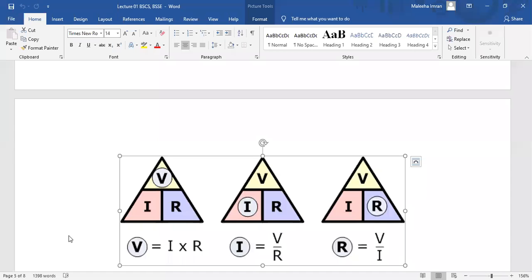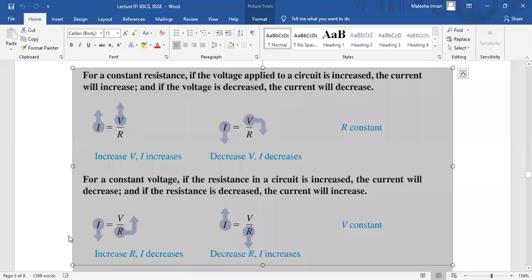Which means कि अगर आपकी कोई भी एक चीज constant है तो you can measure the other one. So here let me consider the current, that is the ratio of V by R. If the resistance is constant, and the applied voltage is increased, the current will also increase. और अगर आपका applied voltage जो है वो decrease कर रहा है, तो उस सूरत में आपकी current भी decrease करती है.